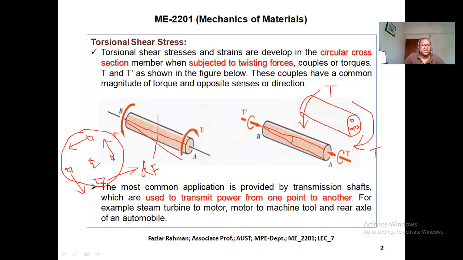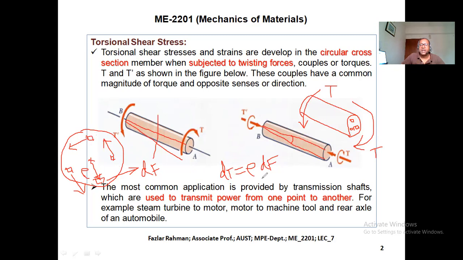If the distance of the small area from the center is rho, what will be the torque, dT? Torque will be force into distance. So your distance is rho. So torque will be rho into dF. Okay. So this dF is the internal force.